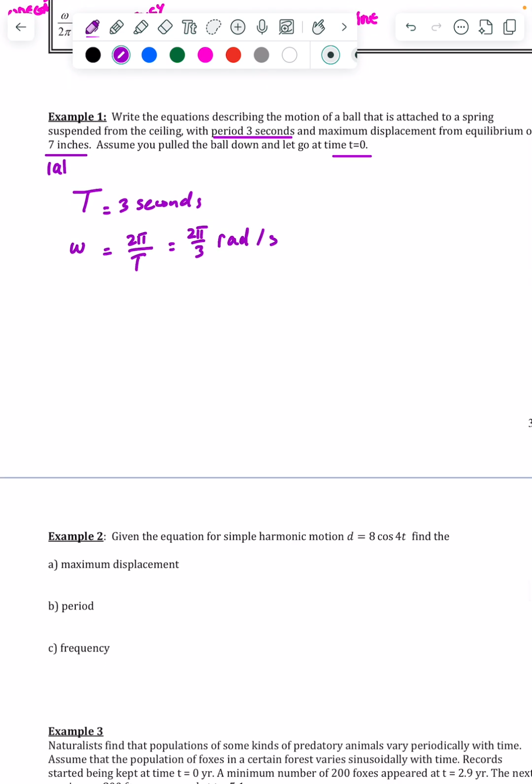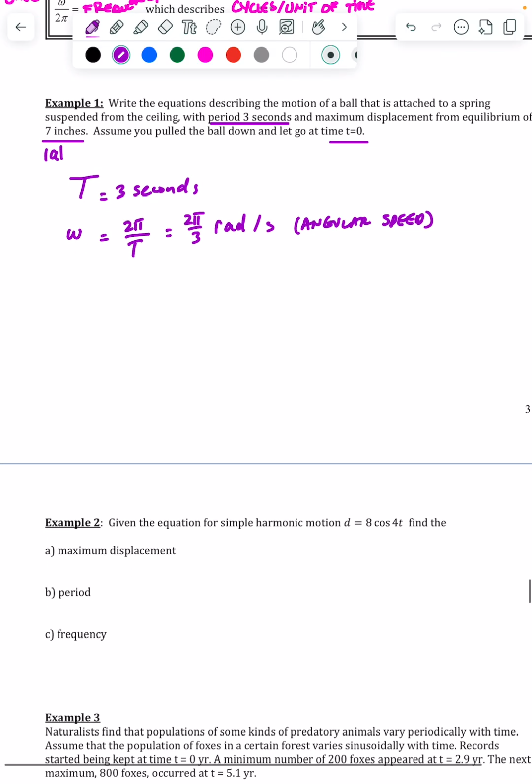Sometimes this is referred to as the angular speed. So we have the period, we have omega, and we want to build the equation, which is y equals a cosine of omega t.